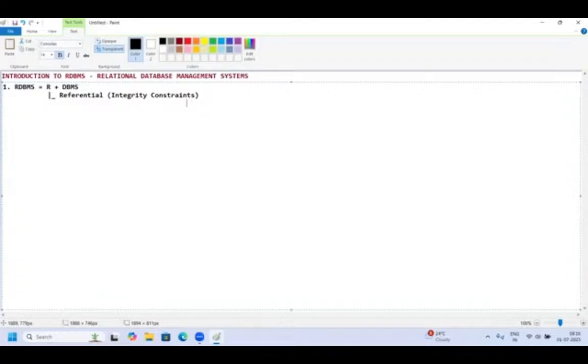Three types you'll have, and this comes under referential. In coming classes, we'll have a very detailed discussion on constraints. At that time we'll see them.